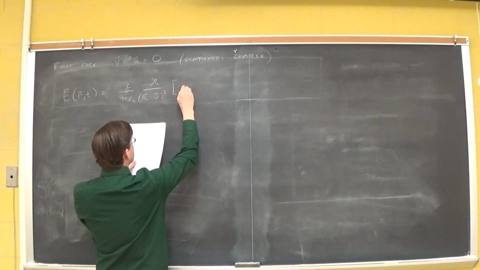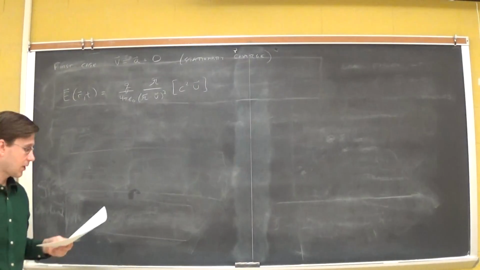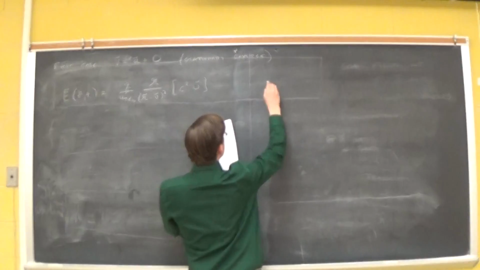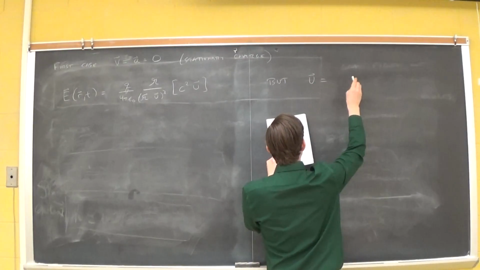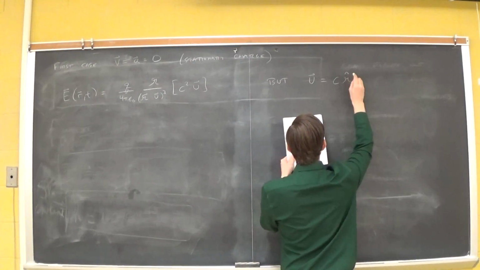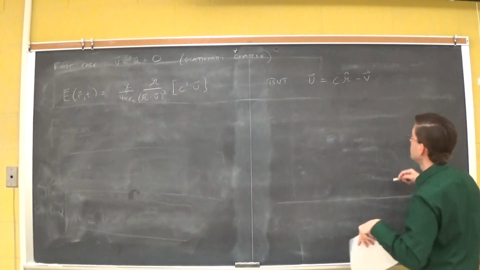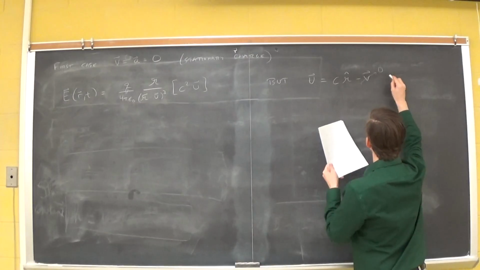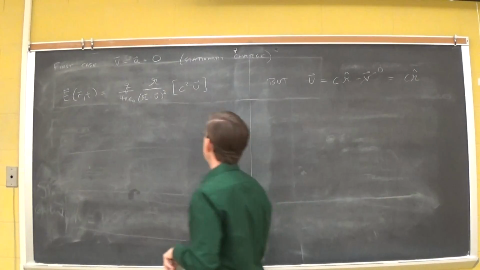And then in brackets, the only term remaining is c squared u. If we look at our definitions from a few minutes ago, the vector u is equal to c times curly R hat minus the velocity, which is 0 in this example. That just leaves us with c times curly R hat.